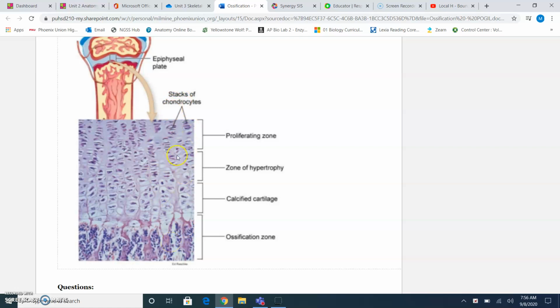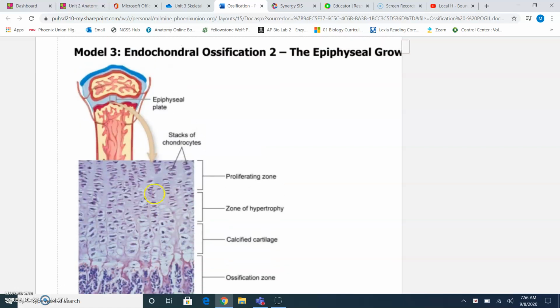So they start to go through a series of changes where they are essentially being born, or they're proliferating. They start to age. They start to calcify, and then they start to ossify, forming that new bone. And as the new bone is forming, the diaphysis gets longer, we get taller.